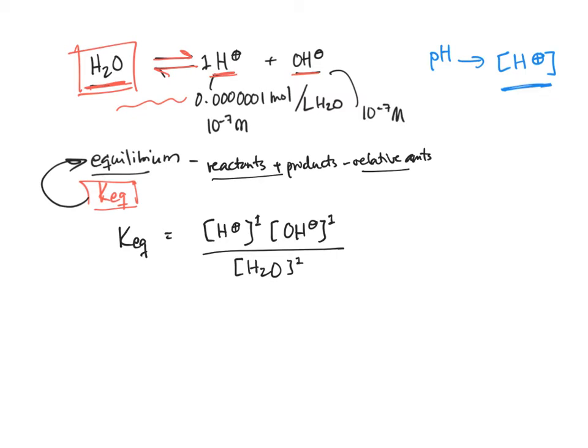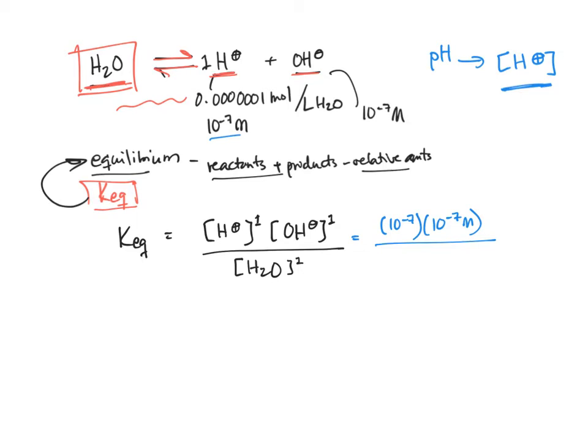Well, we can fill that in easily enough. We ended up here with 10 to the minus 7th concentration of protons, 10 to the minus 7th concentration of hydroxide ions, and what on earth is the concentration of water? I think that's a really fun question, and we'll be able to solve it.